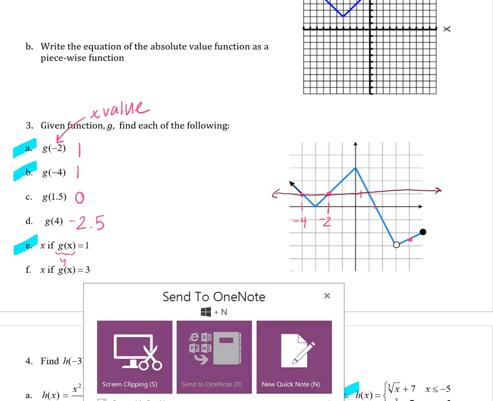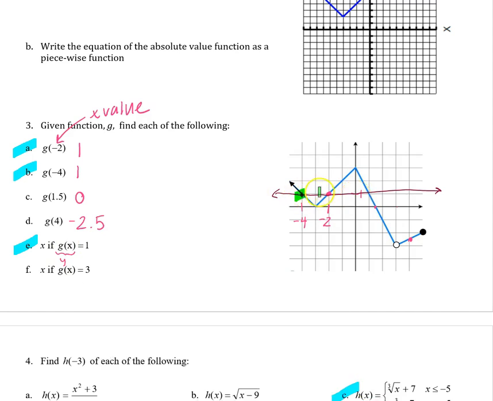I see 3. 1, 2, 3. So just naming those, x is equal to negative 4, negative 2, and 1. Same thing for if g of x equals 3, so y equals 3. Looks like it's 1 point, and that's going to be x is equal to 0.